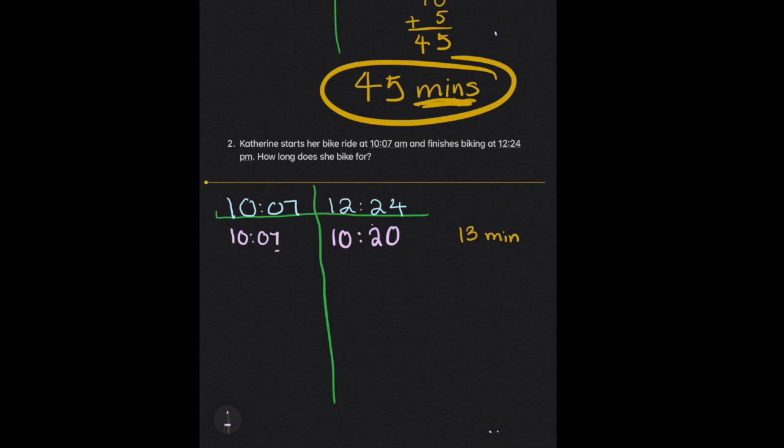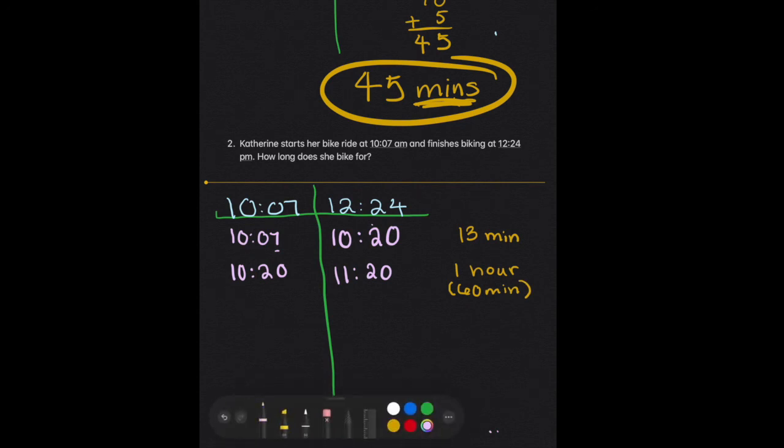So if we do 10:20 over here on our left side, an hour added to 10:20 is, guess what? 11:20. So on this side, we can write 1 hour, which we also know is the same as 60 minutes, right? So now we can go back over to our other side and we can start at 11:20.